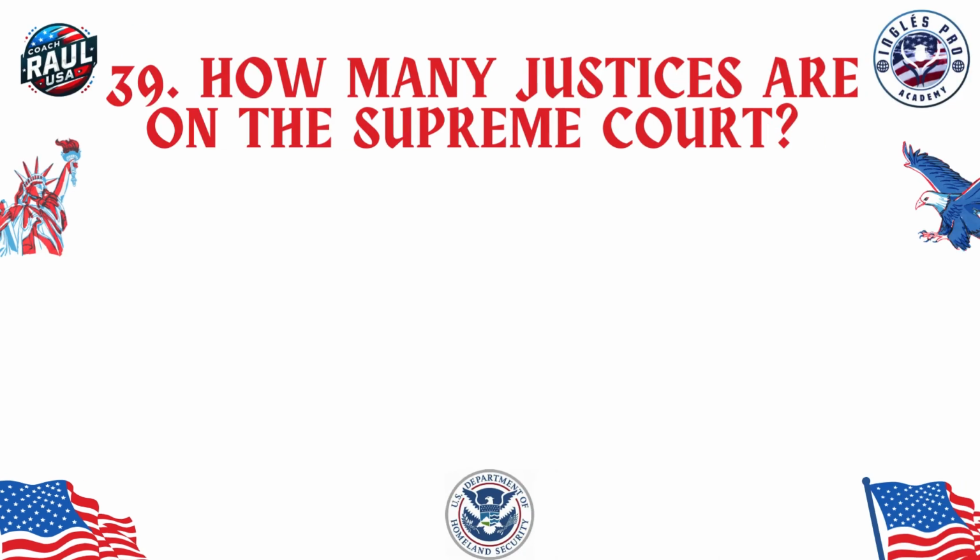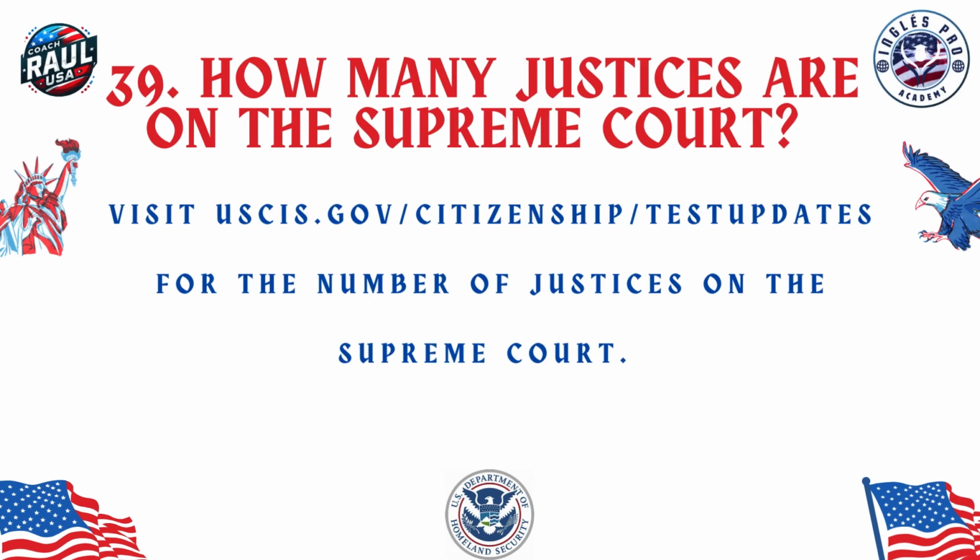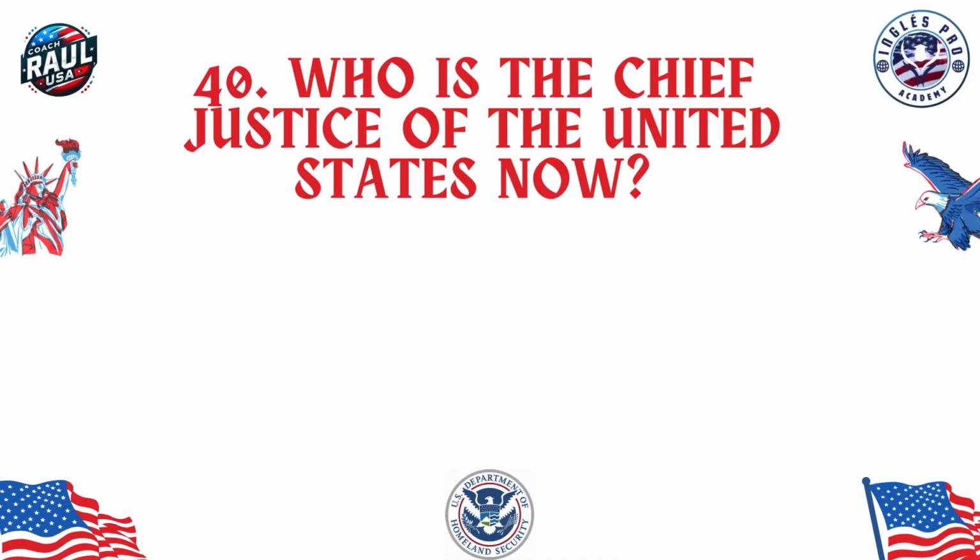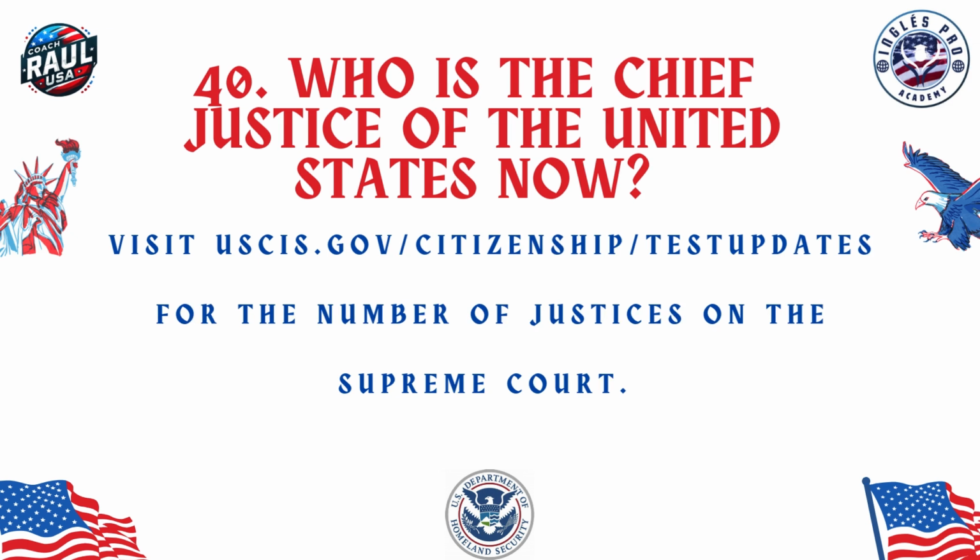How many justices are on the Supreme Court? Visit USCIS.gov/citizenship/test updates for the number of justices on the Supreme Court. Who is the Chief Justice of the United States now? Visit USCIS.gov/citizenship/test updates for the name of the Chief Justice of the United States.